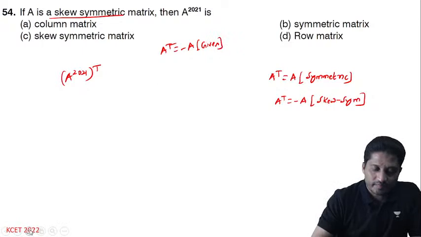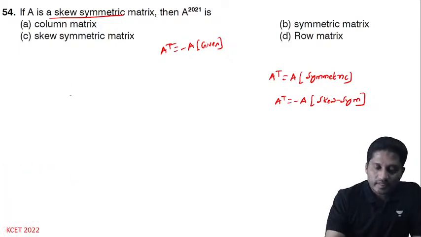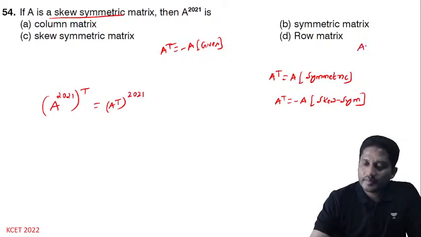Okay, now I have to check A power 2021, whether it is symmetric or skew symmetric. A to the power of 2021 and transpose of this can be written as A transpose power 2021, because A power n whole transpose is same as A transpose power n. That's a property of transposes.